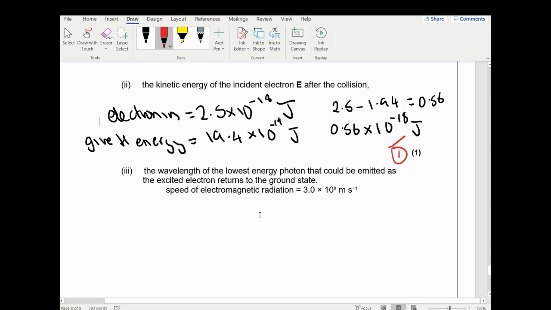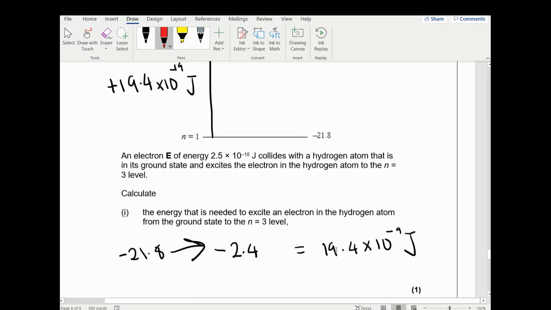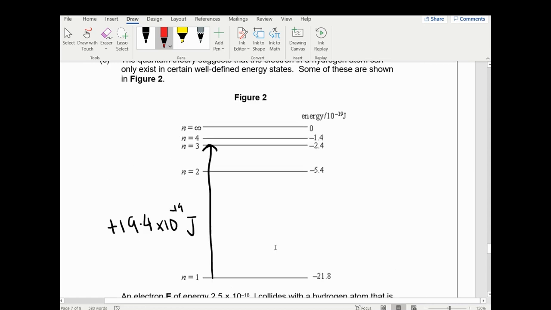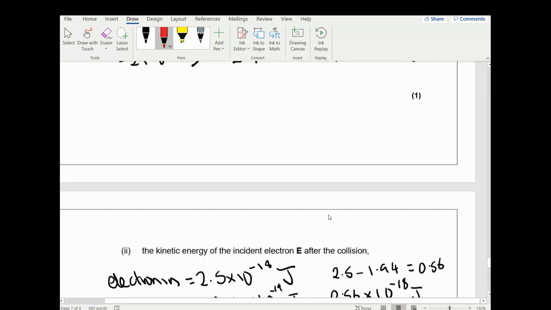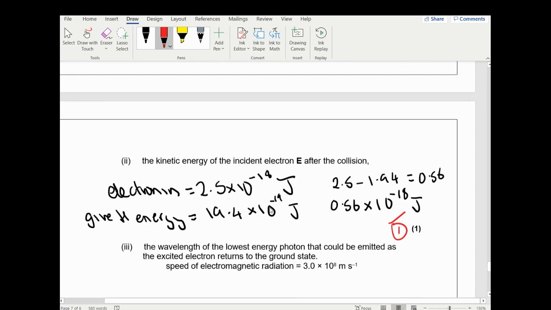So it's asking for what is the lowest amount of energy, any difference here. Read the question again: the wavelength of the lowest energy photon that could be emitted.